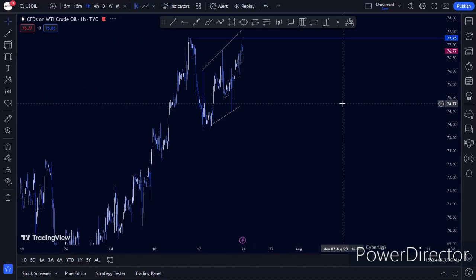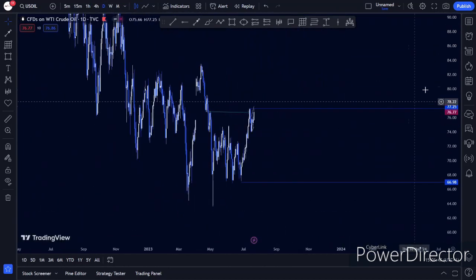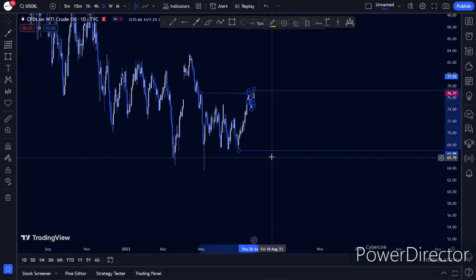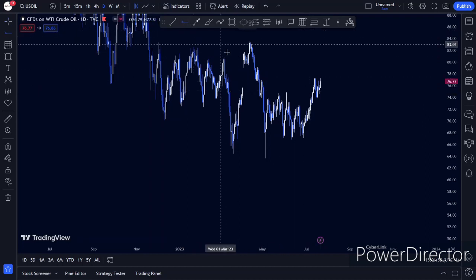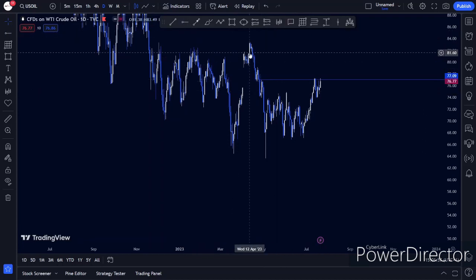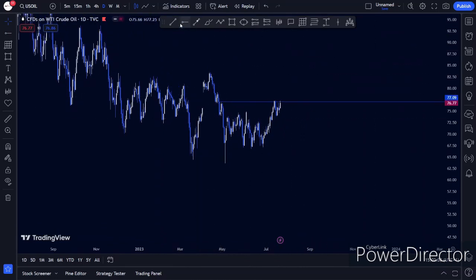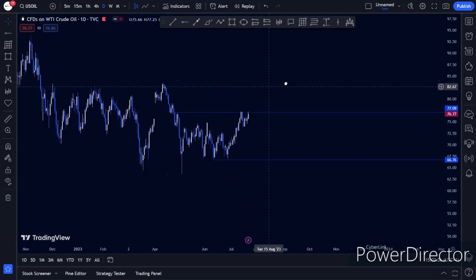So we have here US oil. Initially, we have this hook point here. You see price, we're just playing the range on this structure.